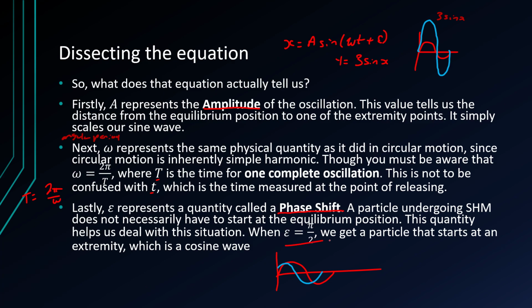A special case occurs when epsilon equals pi on 2, since sine of omega t plus pi on 2 is the same as cos of omega t. This would start right at one of the extremity points and let go. So hopefully that should clear up this bit of a monster equation.